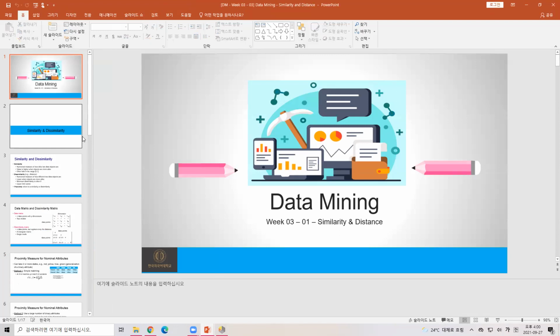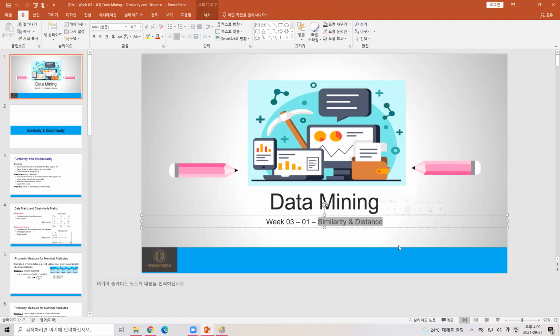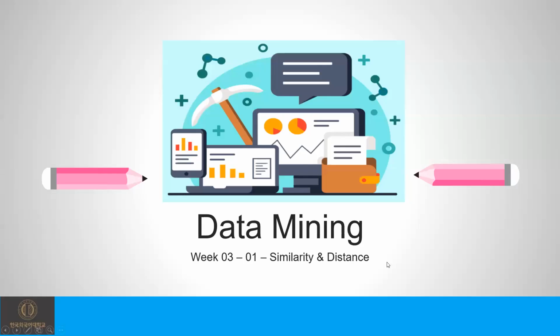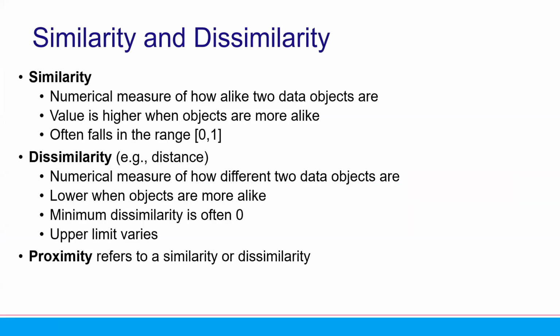So the next section will be related to the similarity and distance. Okay. This is one of the important concepts in data mining, because when you have your data and you want to do the clustering, you need to understand this similarity and dissimilarity. So I will just give you briefly the difference between similarity and dissimilarity.